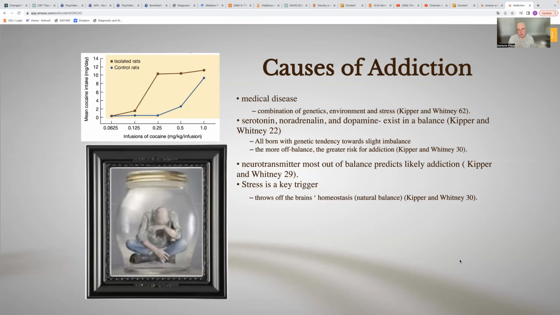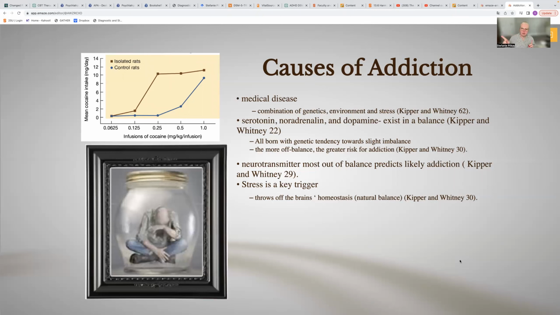That's why we call it self-medicating. They feel a lessening of the distress they were experiencing from having lower levels of it, on top of the fact that the brain says, oh my gosh, we're finally functioning like we're supposed to.